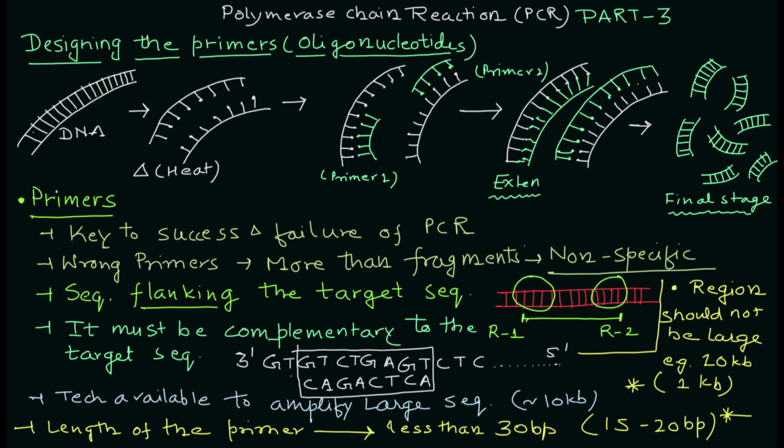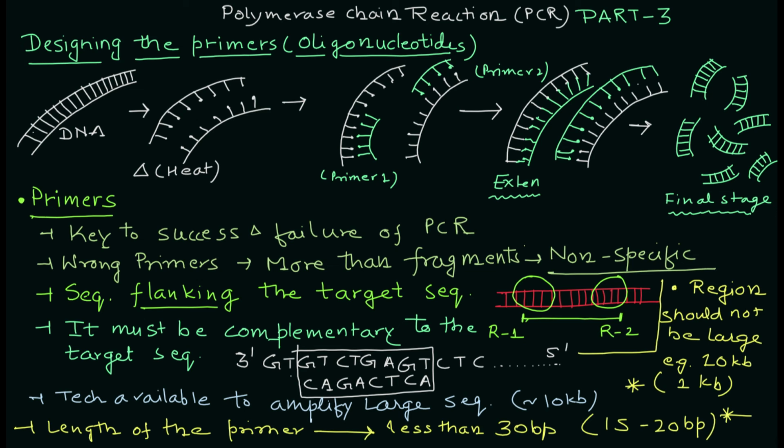But as you can see in this particular video, I tried to show you that there are oligonucleotide primers that are required if you want to amplify a specific sequence. And these primers are complementary to the target sequence, specifically to the region flanking the target sequence.